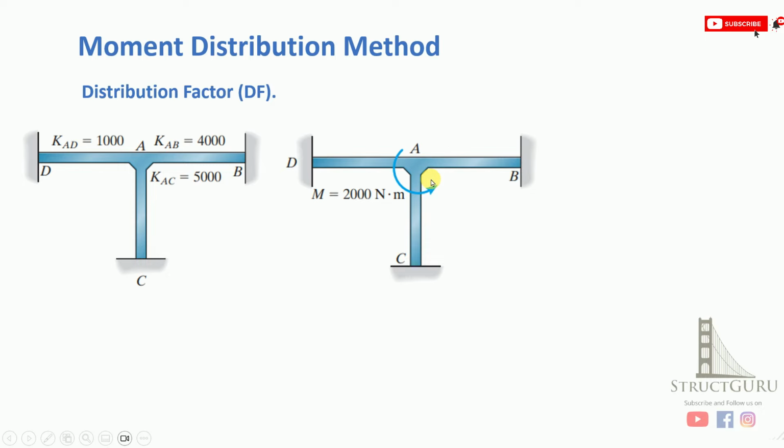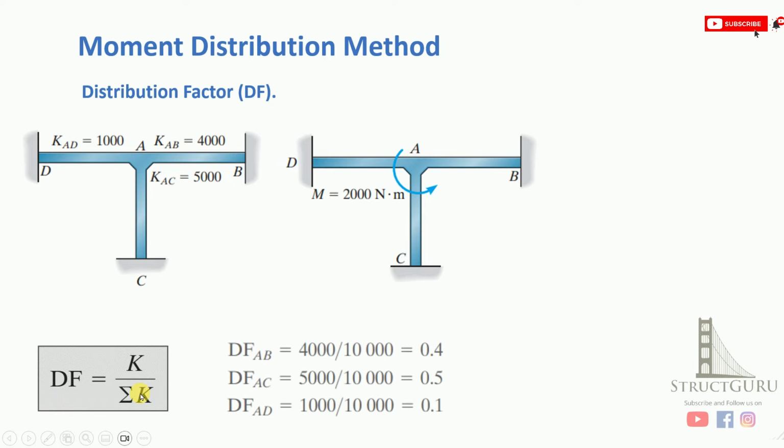First we need to find the stiffness, which is already given in this example. To compute the distribution factor, we use this formula: K divided by the summation of K. So for distribution factor AB, how much will this member be supporting?